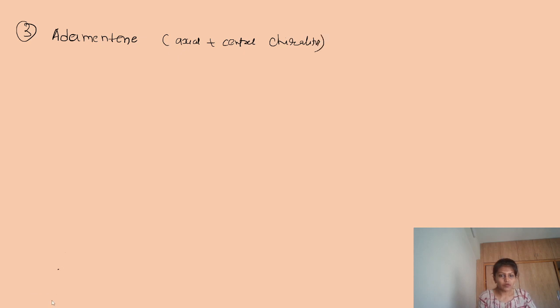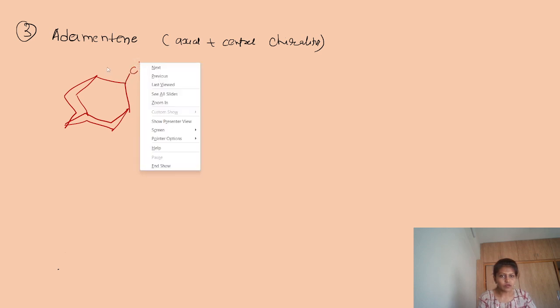Okay, so first of all I am giving one example to you. This is the Adamantane system. You can draw it like this. Suppose the molecule is like this. Suppose it has a methyl group over here, and here it is hydrogen.